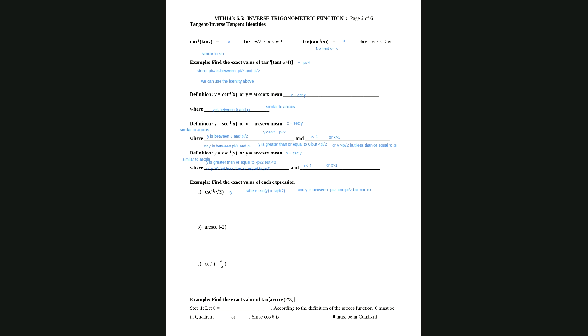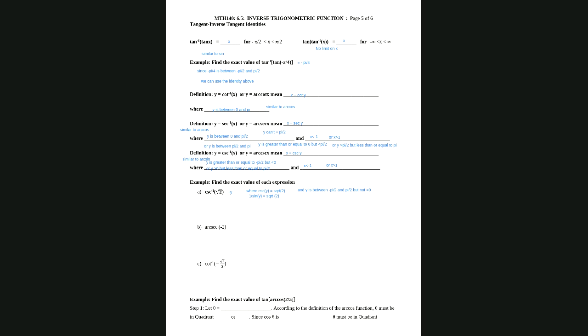Okay, and then we need to think what angle y has the cosecant equal to the square root of 2. So that means that 1 over the sine of y is equal to the square root of 2. And so that means that the sine of y is equal to 1 over the square root of 2, or in other words, the square root of 2 over 2.